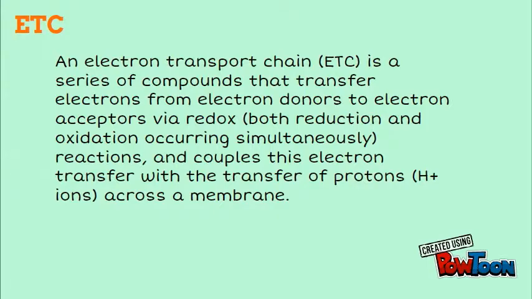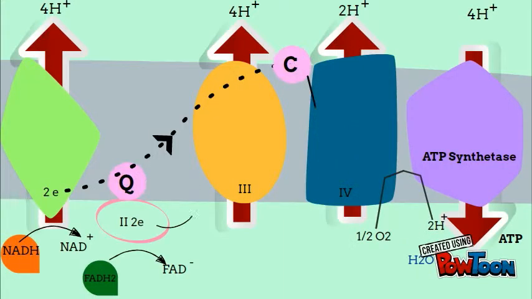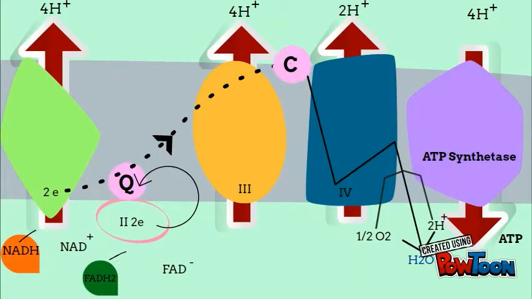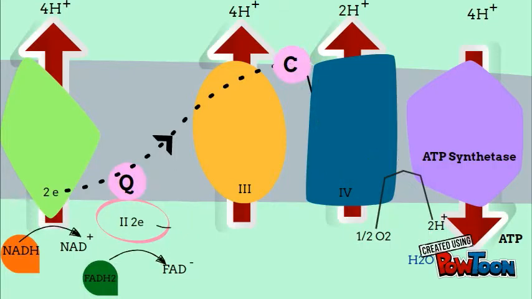ETC is a series of compounds that transfer electrons from electron donors to electron acceptors via redox reactions. In the mitochondria inner membrane there are a bunch of protein complexes. Major ones are known as complex 1 or NADH dehydrogenase, complex 2 or succinate dehydrogenase, complex 3 cytochrome C reductase, complex 4 or cytochrome C oxidase.